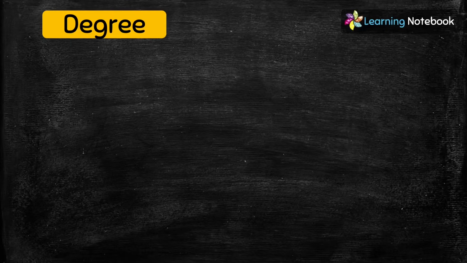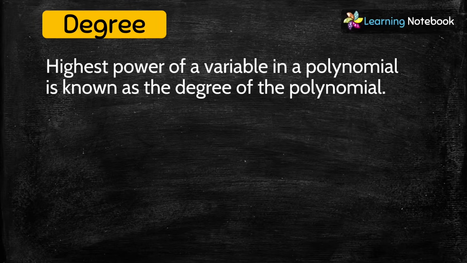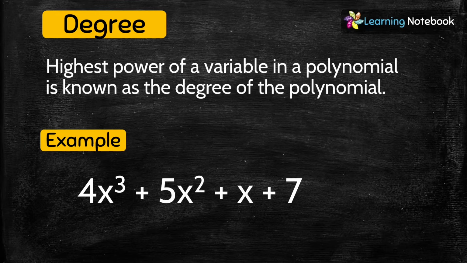Now let's learn what is degree of a polynomial. Highest power of a variable in a polynomial is known as the degree of the polynomial. Let's consider a polynomial 4x cube plus 5x square plus x plus 7. In the first term, power of x is 3.